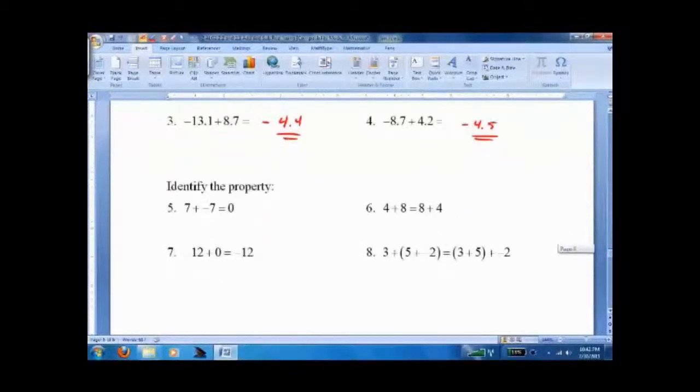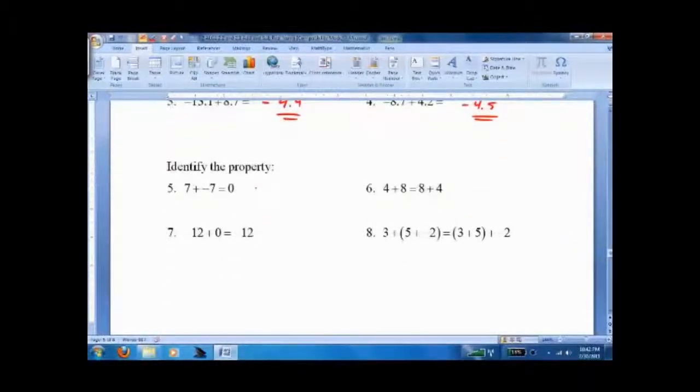And now just some practice on the properties. This is the inverse. These are all properties of addition. We'll do multiplication soon enough. This is commutative.